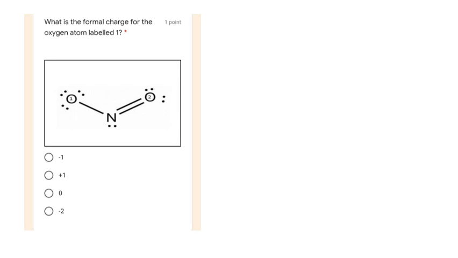Okay, question 11. We need to find the formal charge for the oxygen which is labelled with 1. So we are going to calculate the formal charge for this oxygen. According to the formula that we learned, number of valence electrons minus number of lone pair electrons minus number of bonds, which equals -1.